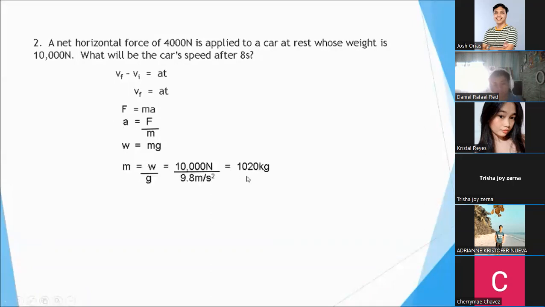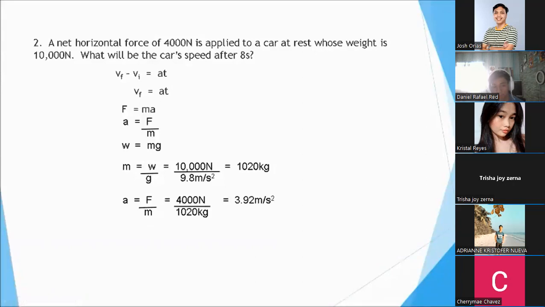So we can use this now to solve for the acceleration that we need in order to solve for what is being asked in the problem. Ayan. So with that, we can calculate for the acceleration, substituting the computed mass and the given force in F. Solving that out, we get 3.92 meters per second squared.